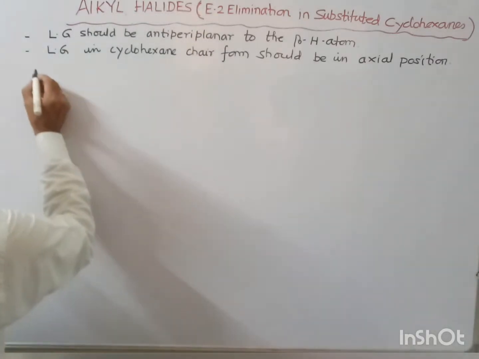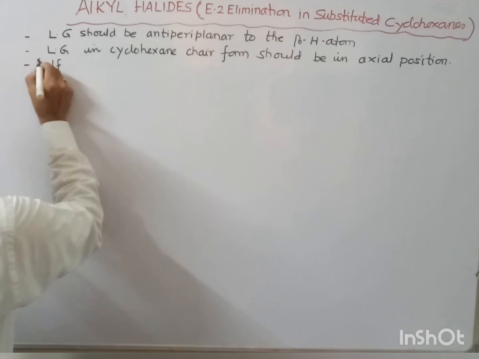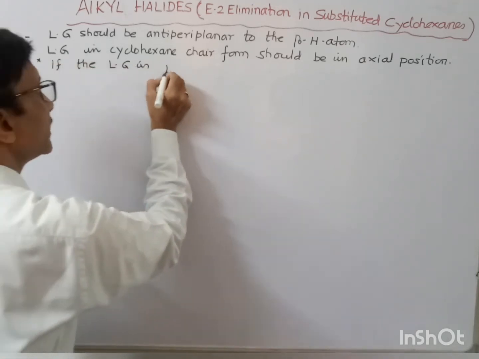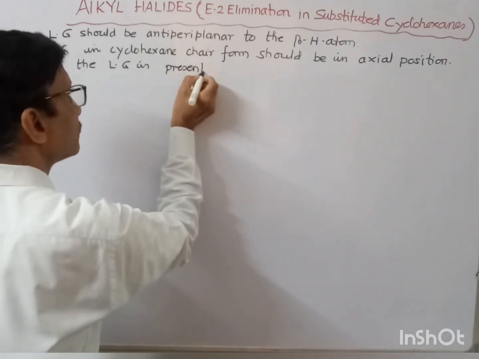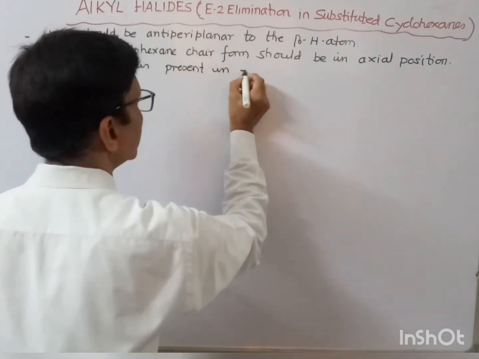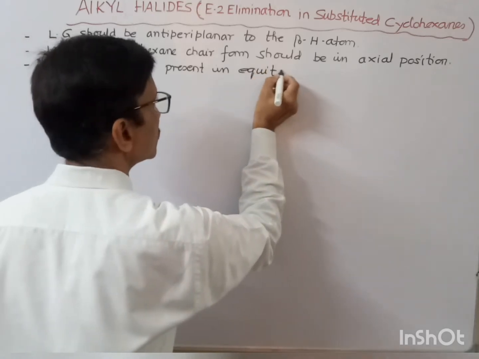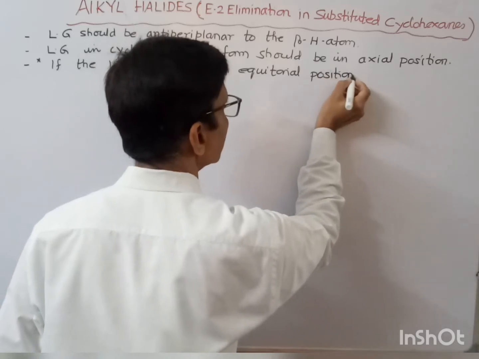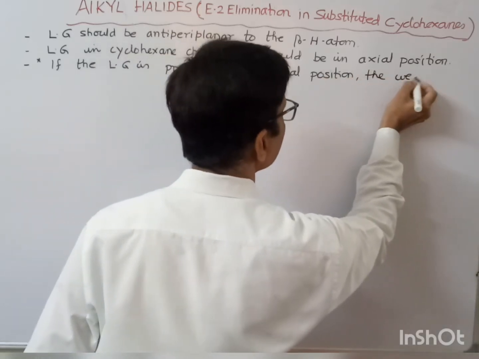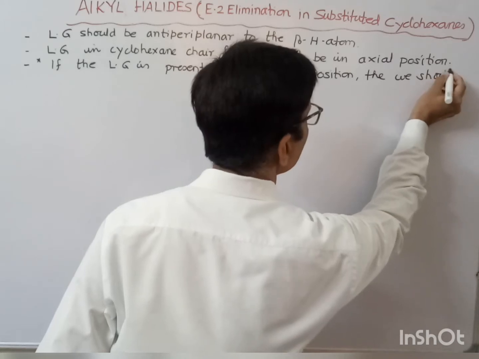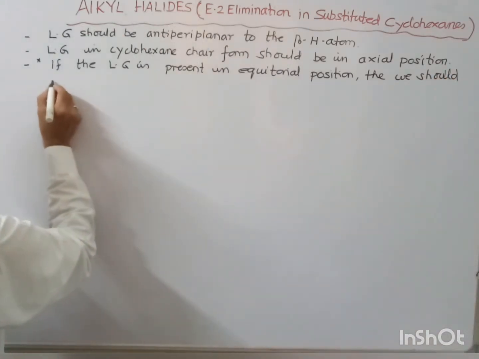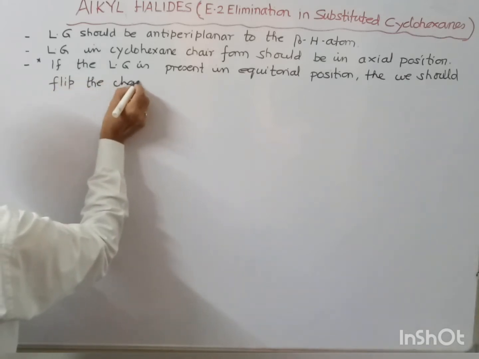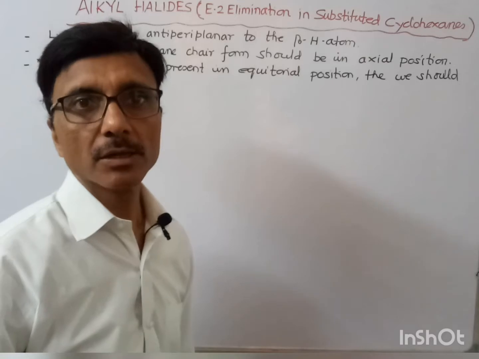So one of the important things: suppose the leaving group is present in the equatorial position, then we should flip the chair so that the leaving group comes into the axial position.